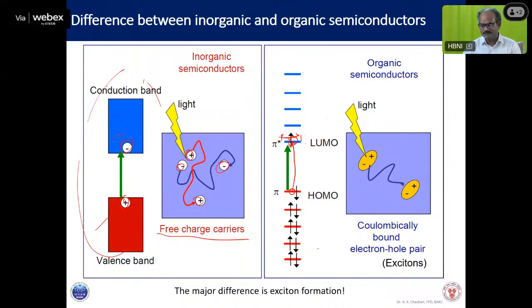So we call it a bound pair, and this is called an exciton in place of an electron hole pair. So in the case of organic semiconductors, you have excitons. Though there is an electron and hole pair here, they are bound. They will remain together. So the first prime objective is to separate these two, so that the electron is separated and the hole is separated, and until it remains in this level, it is not possible, because this is a very localized range.